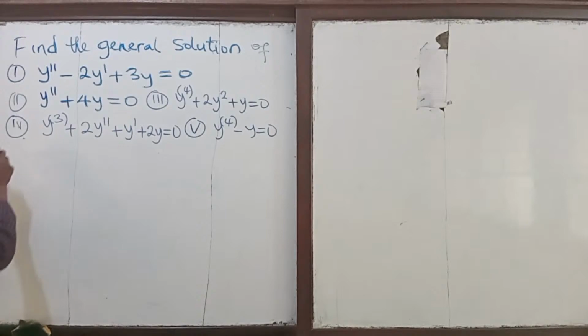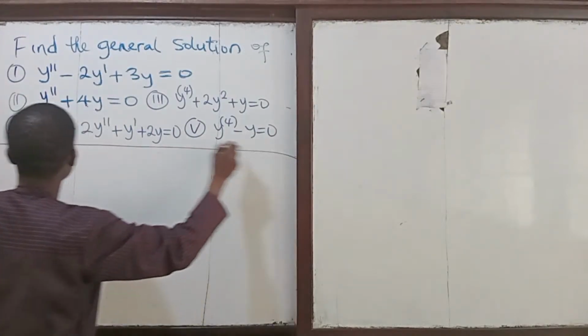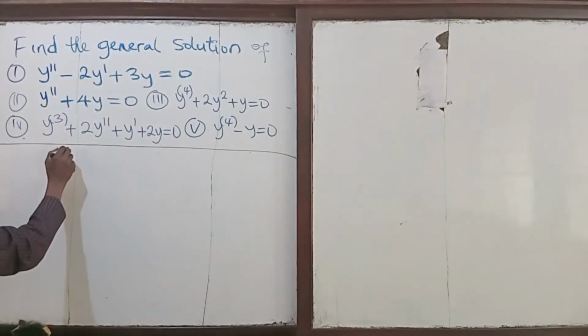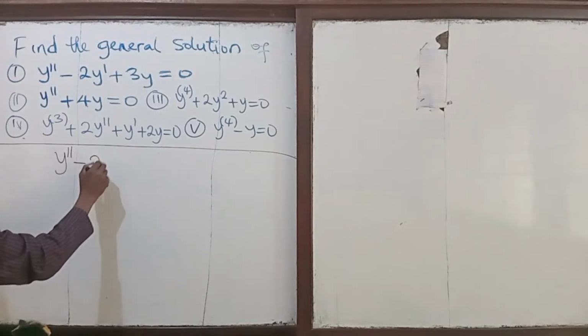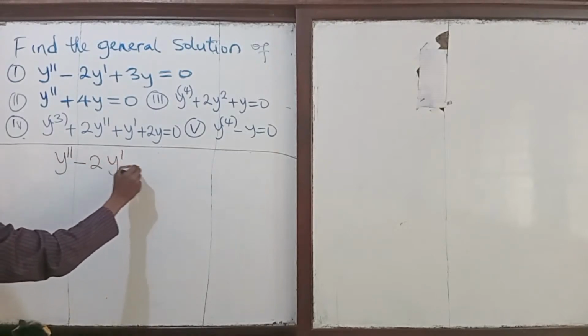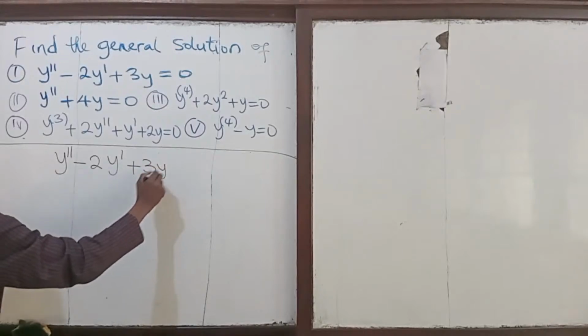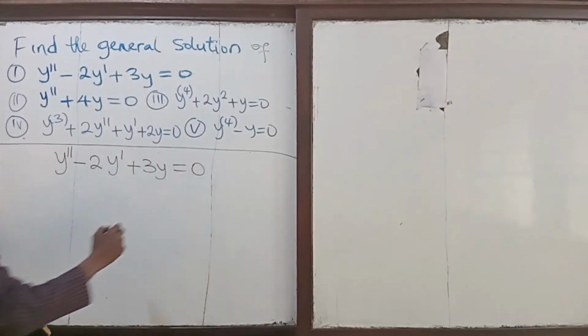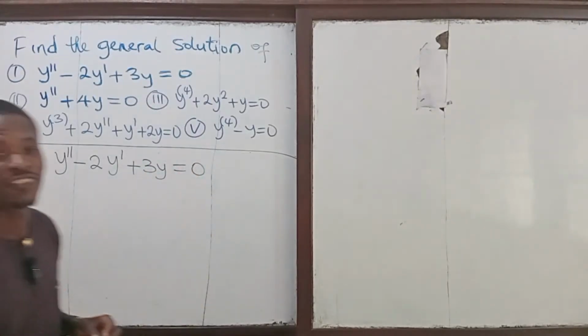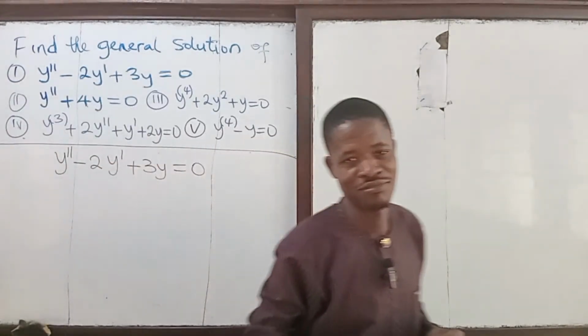The first one we have: the second differential minus 2 times the first differential plus 3y equal to 0. We are told to find the general solution.